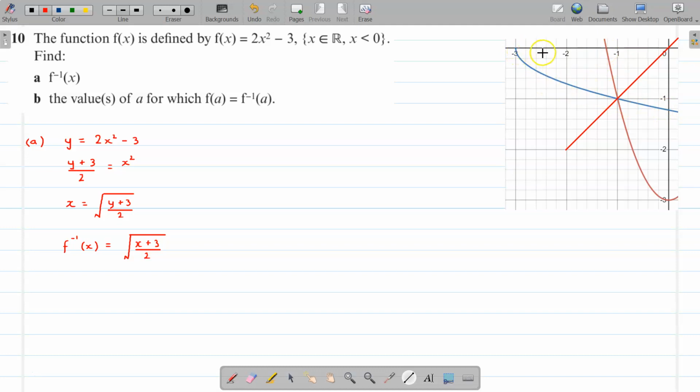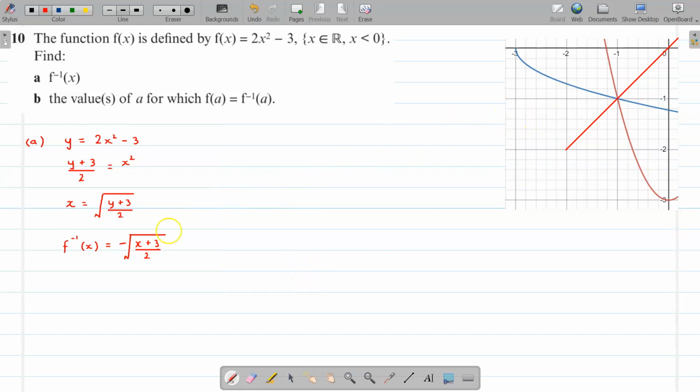If we normally plotted the graph of y equals the square root of x plus 3 over 2, we would have been plotting this bit above the x-axis. So we want the negative of this. So the inverse function is the negative part of this. And that's quite significant here.